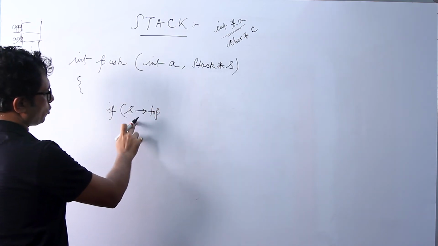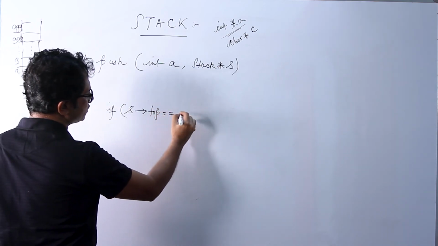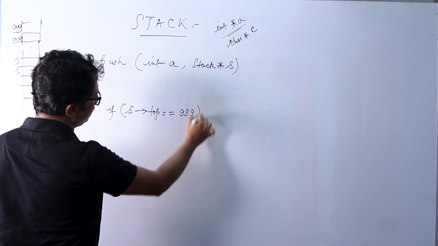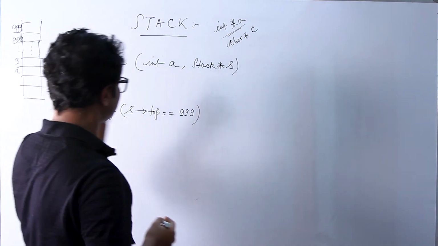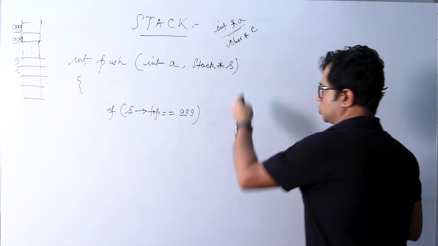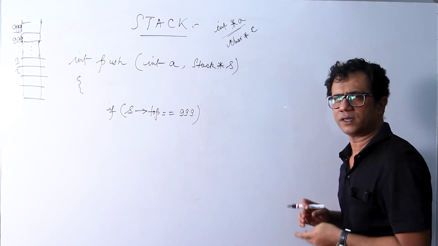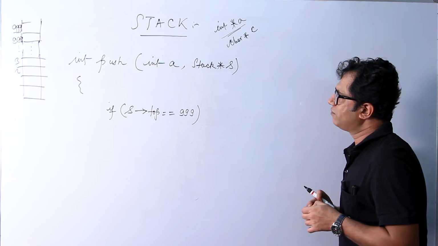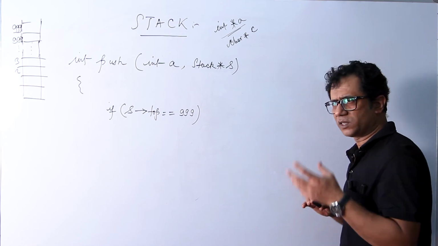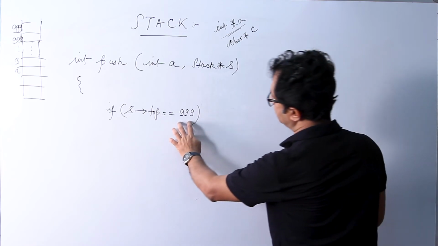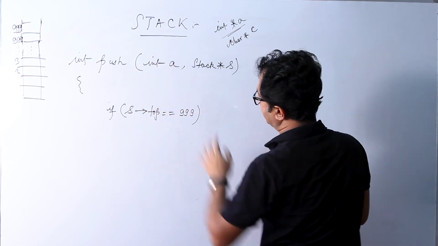If S arrow top equals 999 in our case, because we have declared the stack in the previous video, so it is nothing but a continuation of the previous video. We have taken the array to contain 1000 positions, so the maximum top which we can achieve is 999.